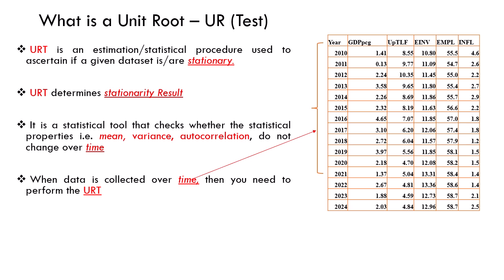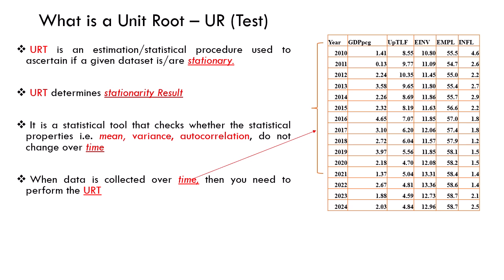As often said in most literature, it is the unit root test that gives rise to the stationarity result, and not the other way around. The unit root test is performed to ascertain the stationarity outcome of a given data set.